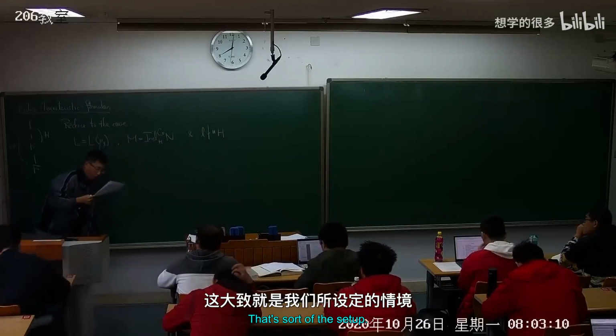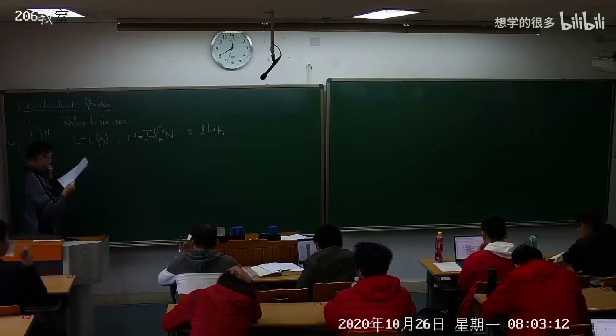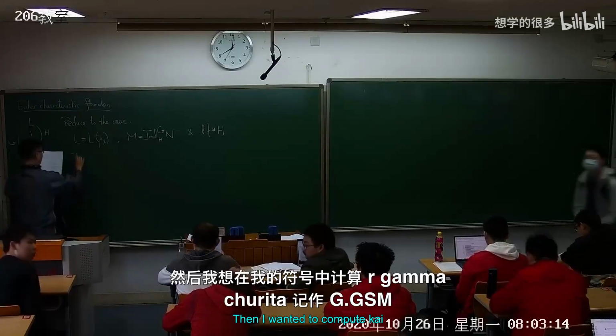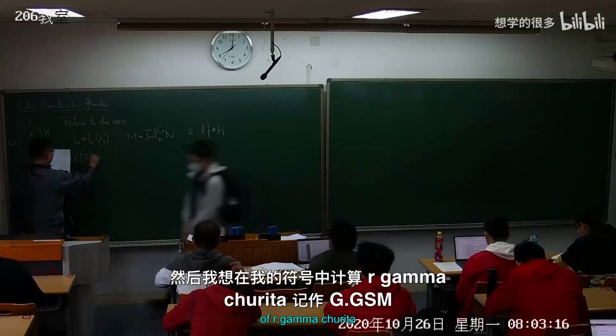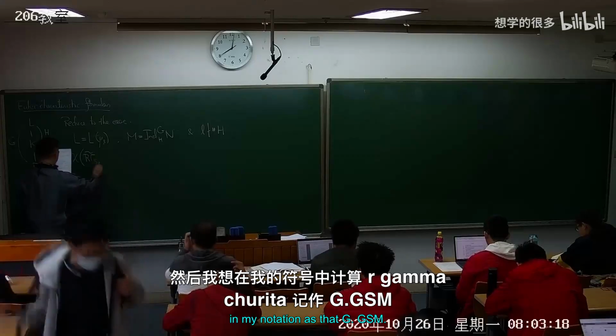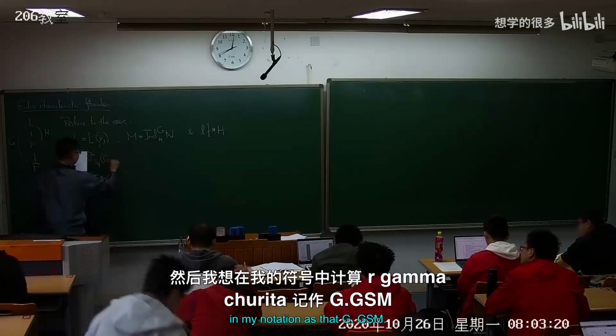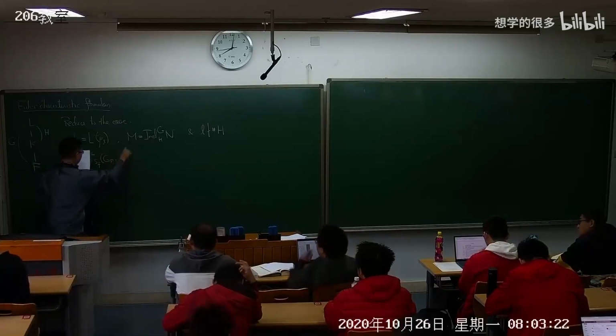That's the setup. Then I wanted to compute chi of R Gamma tilde in my notation SF GSM.